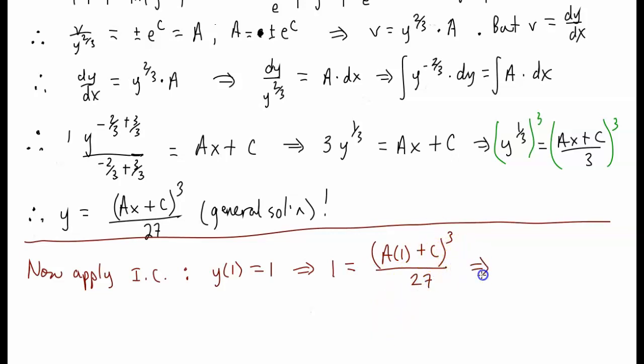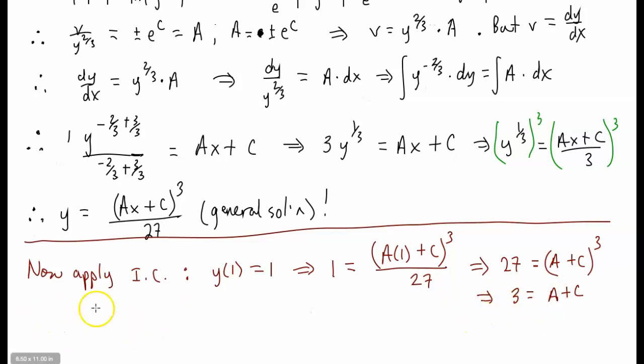So this will just be 1 equals a times 1 plus constant, all that raised to 3 over 27. And of course, if we multiply both sides by 27, we'll have 27 is basically equal to a plus c cubed. And of course, if we take the cube root of both sides here, this will be 3 is equal to a plus c. So that, we know the relationship between a and c here.